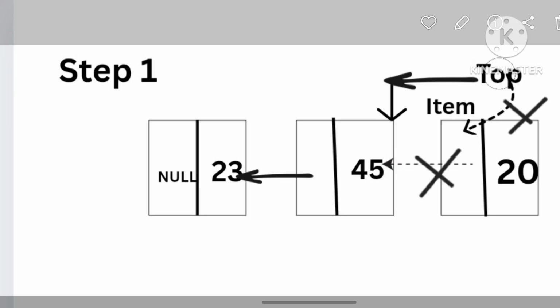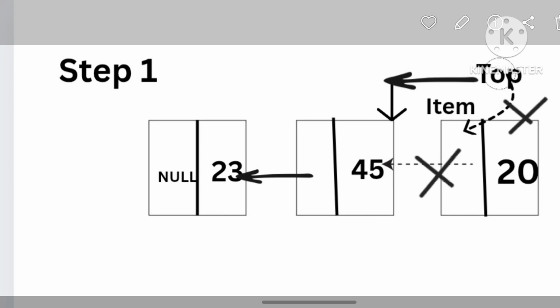Now let us understand the topic diagrammatically. Here the last node containing the value 20 is to be deleted first. So the top pointer is pointing to the last node, that is having the value 20.